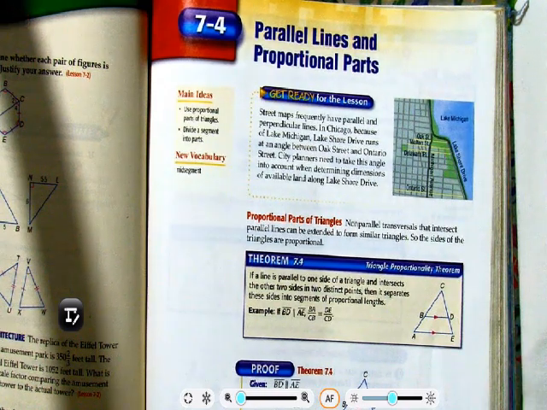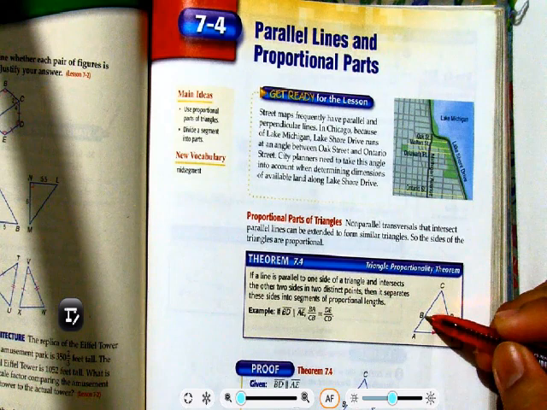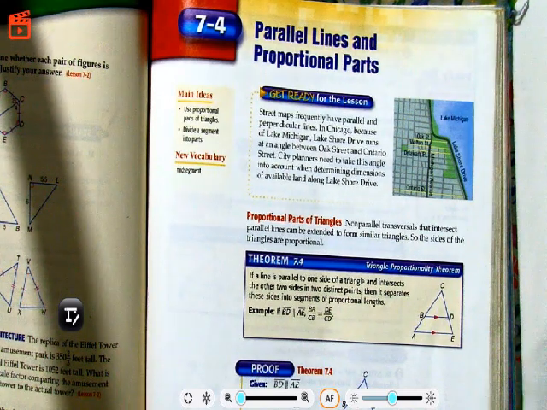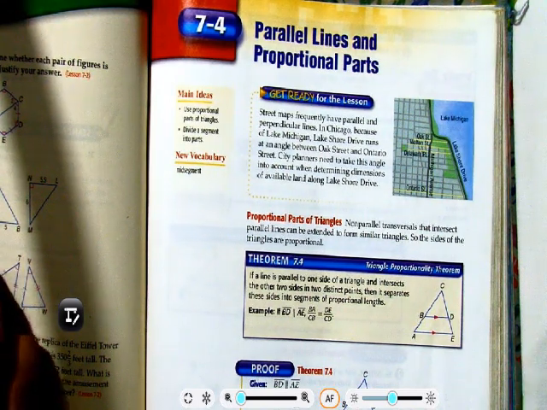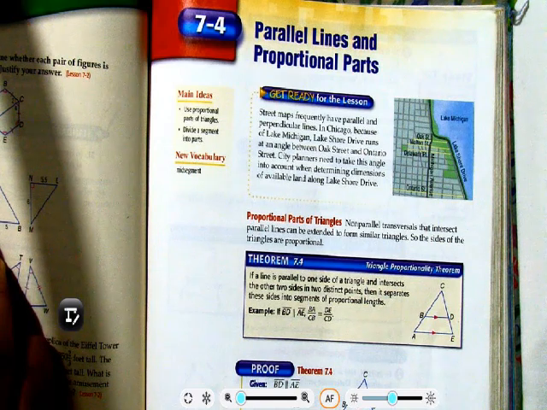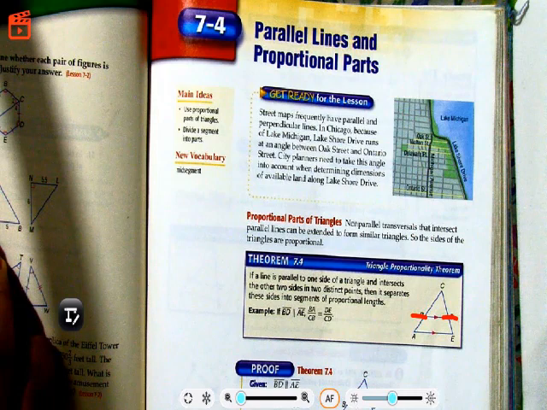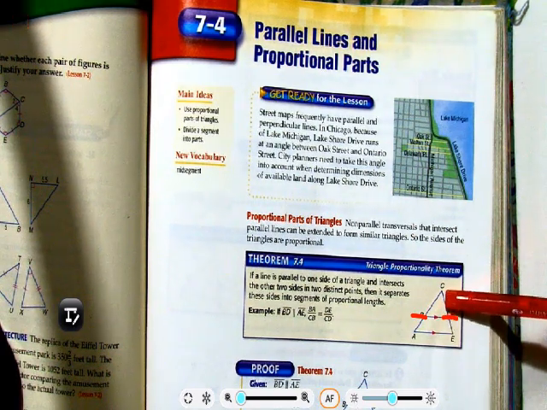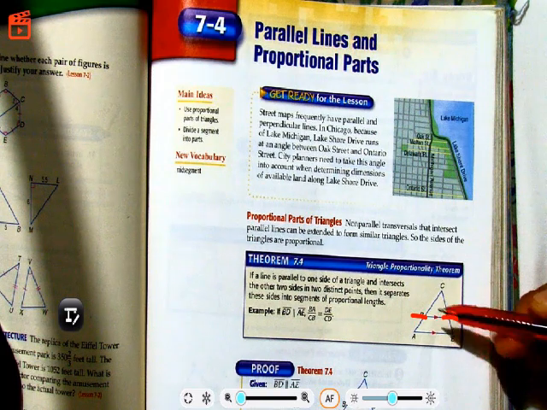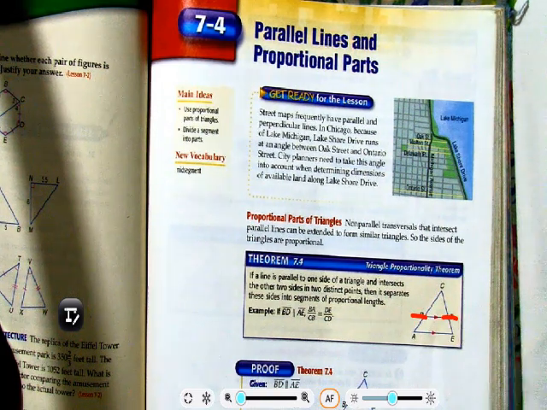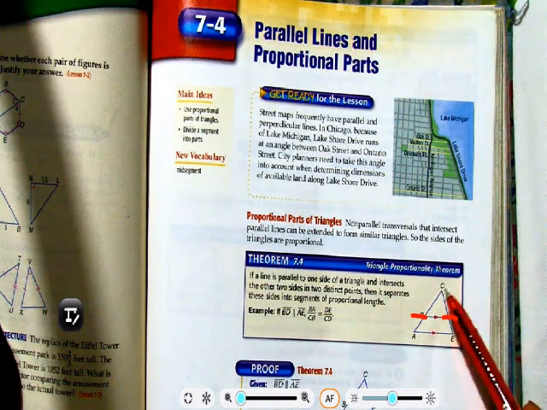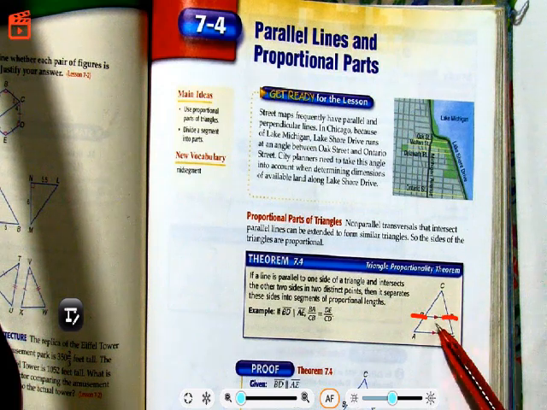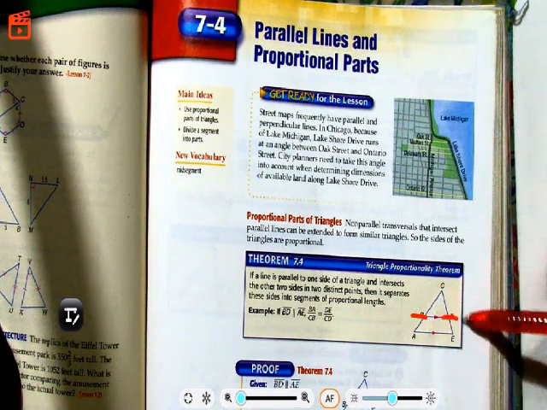It's just like you extend this side and you extend this side, and this line becomes your fraction bar. The red lines that I just made become your fraction bar. So you get a fraction from this side equal to another fraction on the other side of your triangle.